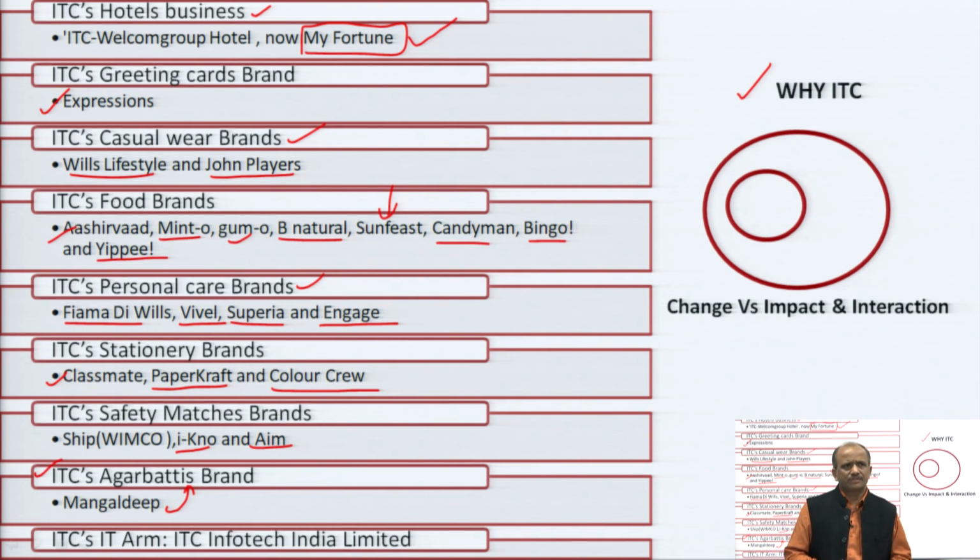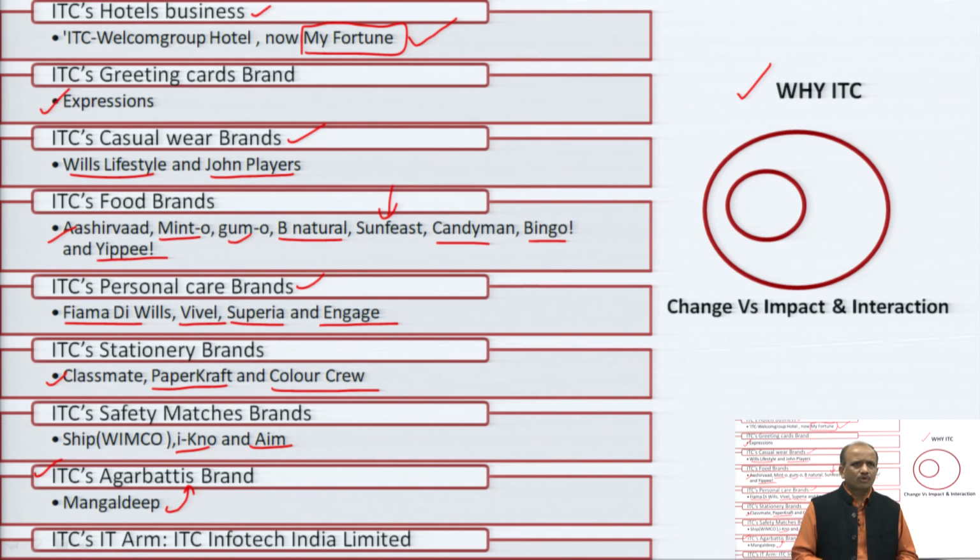There are cases wherein we see that something happens, something changes, and instantly impact appears. But in case of businesses, it's a very long process. So I was looking for a company which is at least 100 years old, which has seen different phases in its life, ups and downs in terms of business strategy changes, business area changes, portfolio changes. So this is one of the companies that I chose for this purpose.